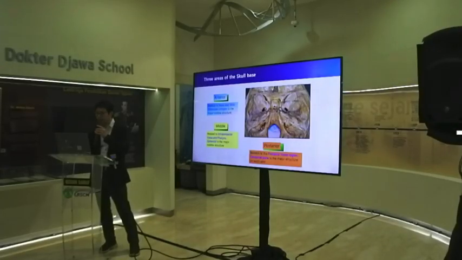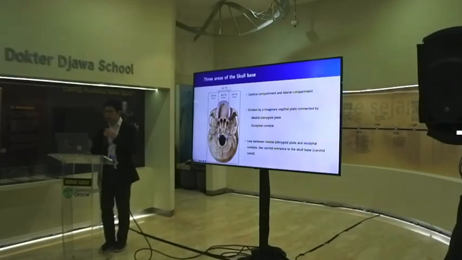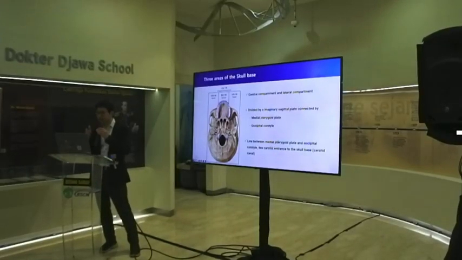Finally, the posterior skull base is related to the posterior fossa, with the temporal bone being the key structure on each side. When we consider surgical approaches, the skull base is divided into central and lateral compartments. This division is made by an imaginary sagittal plane that connects the medial pterygoid and the occipital condyle. The line between these two points is also where the carotid artery enters the skull base.